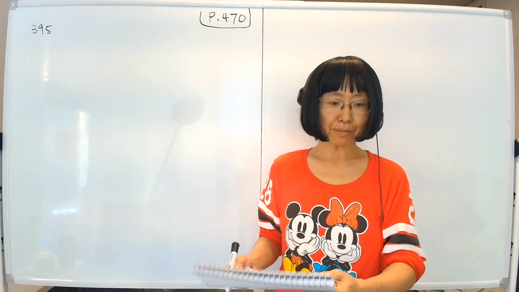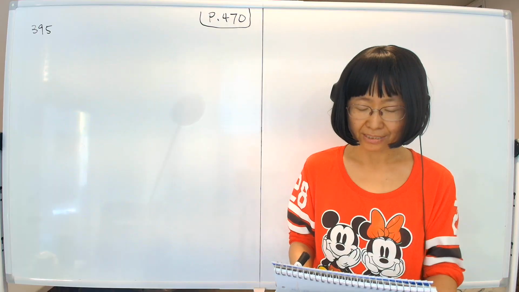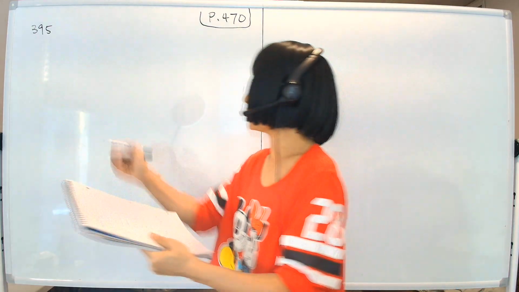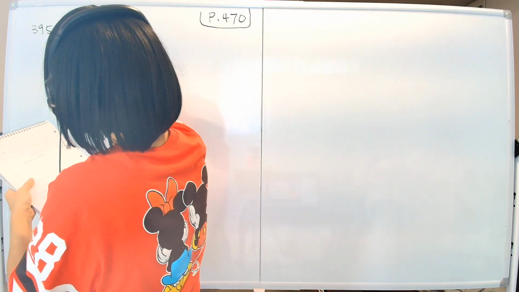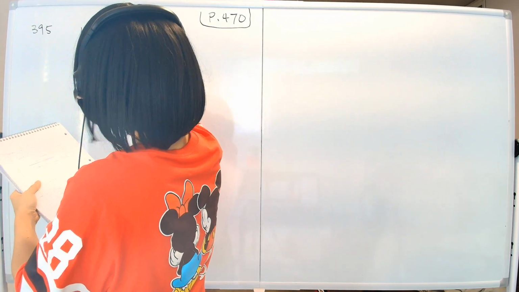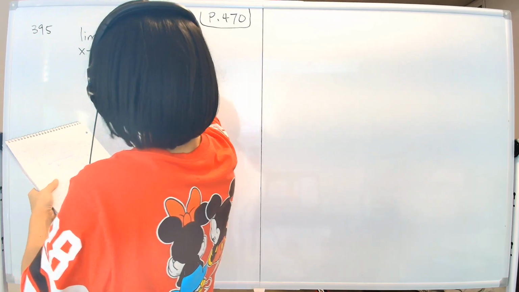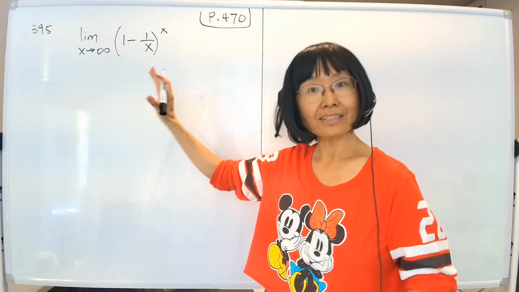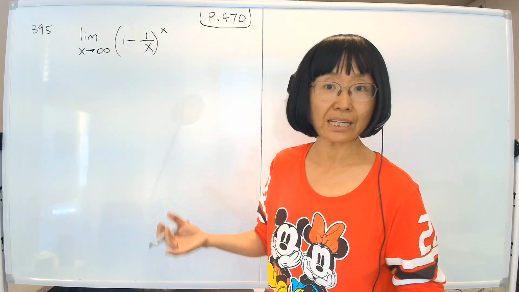Next, let's look at problem 395, which is quite interesting actually. Let me write it down first. We're supposed to find the limit as x approaches infinity of 1 minus 1 over x, to the power of x. Now, something like this happened in chapter 1 where the definition of the number e was given.